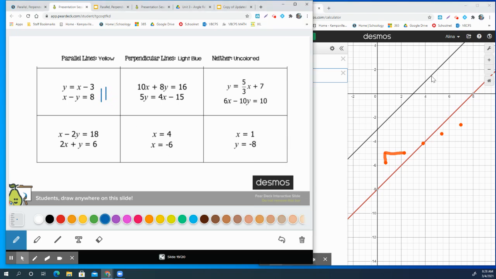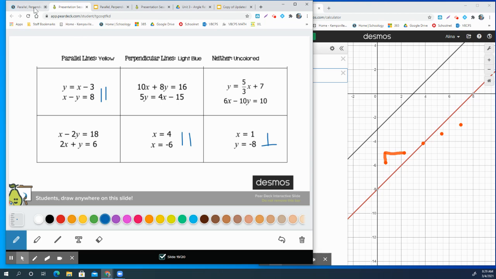Okay, and it's super easy to just visually see that in Desmos. Some of them do get a little tricky, but especially for these like x equals and y equals, if this is a vertical line and this is a vertical line, they're going to be parallel. If this is a vertical line and this is a horizontal line, they're going to be perpendicular. If you're unsure and you want to check, type them into Desmos and see what the picture looks like.